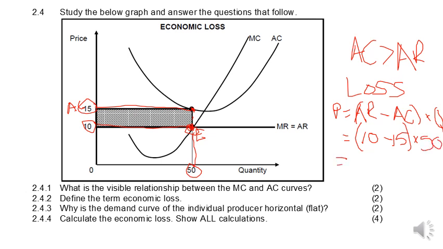So 10 minus 15, negative 5, multiplied by 50 gives you negative 250, meaning the firm is making a 250 rand or unit loss. I see they haven't given you a unit here, so it would just be rand.